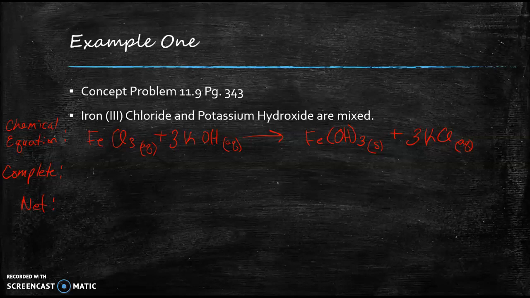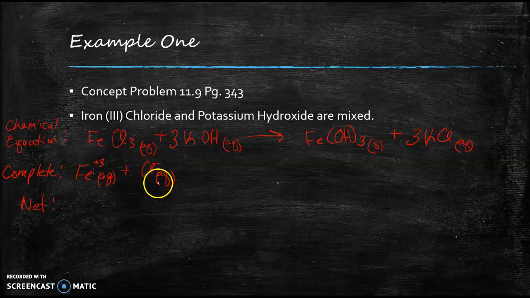Alright, looking at this, iron 3 chloride is aqueous, so they split up. Iron has that positive 3 charge. It is aqueous. Chlorine has a negative 1 charge. It is aqueous. And we have 3 chlorine.